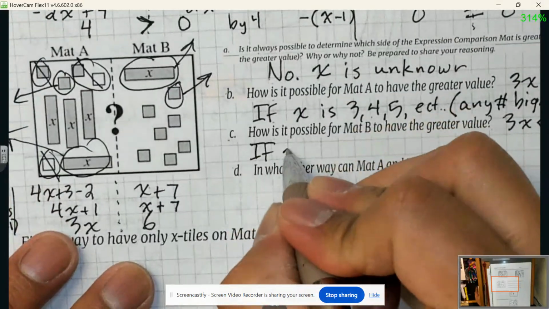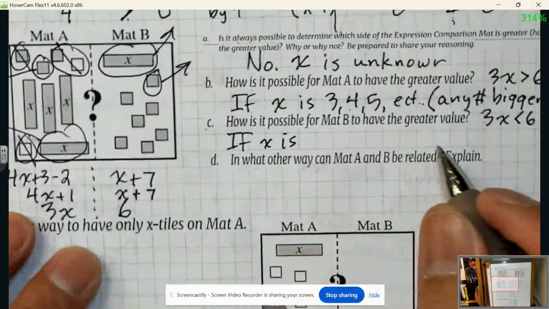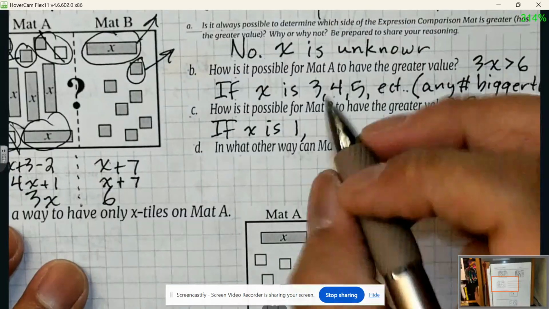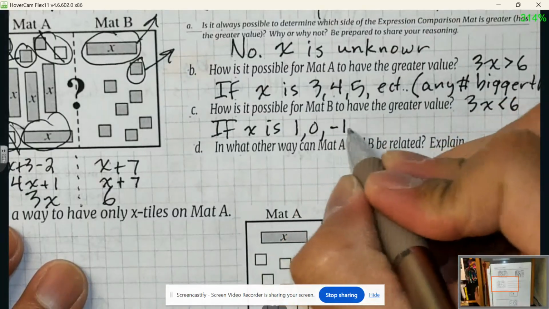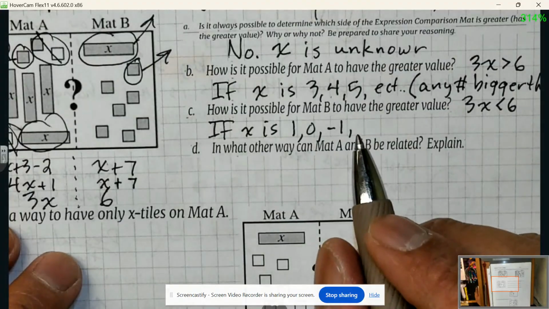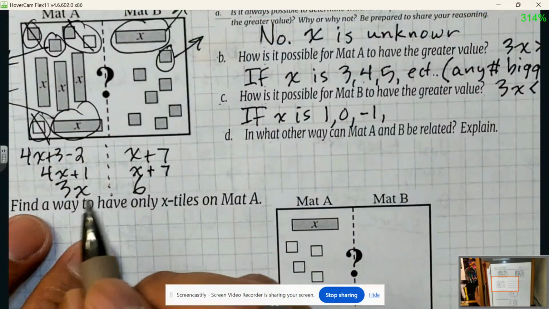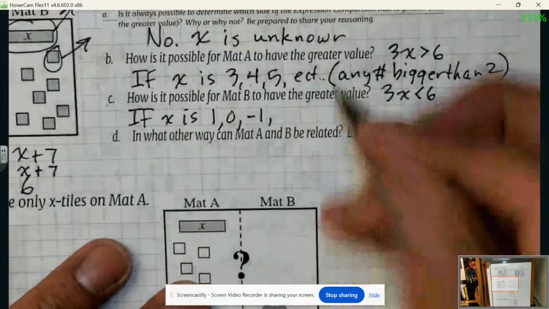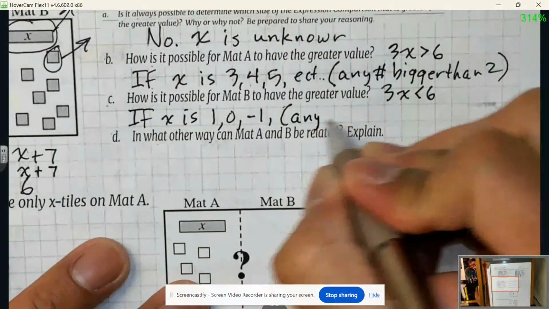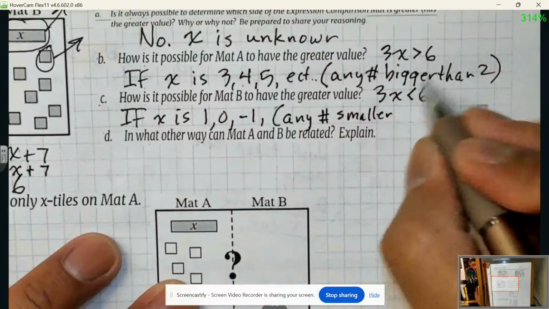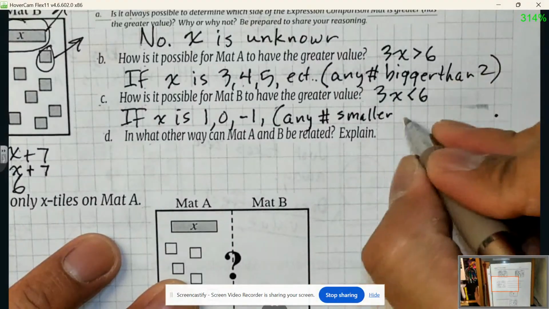So that will be true if x is 1. x can be 0, x can be -1, but it still cannot be 2. Notice all these numbers are less than 2. So x can be any number smaller than 2 that would make this true.